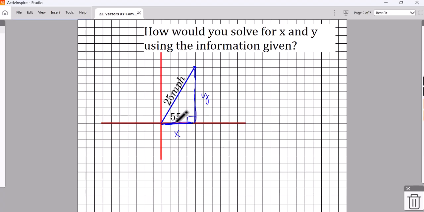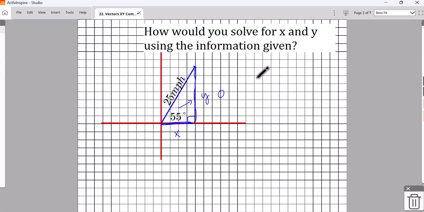Okay, and so hopefully what you're seeing here is that you have the hypotenuse, you have the angle measure, and you have the opposite side. We've talked about this back when we first started trig. The y value and the opposite side were always the same if we drew our triangle in this orientation.